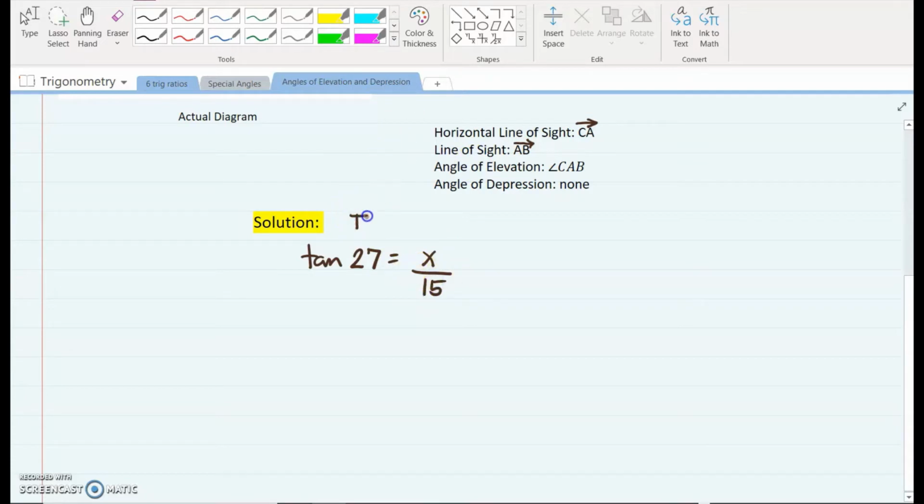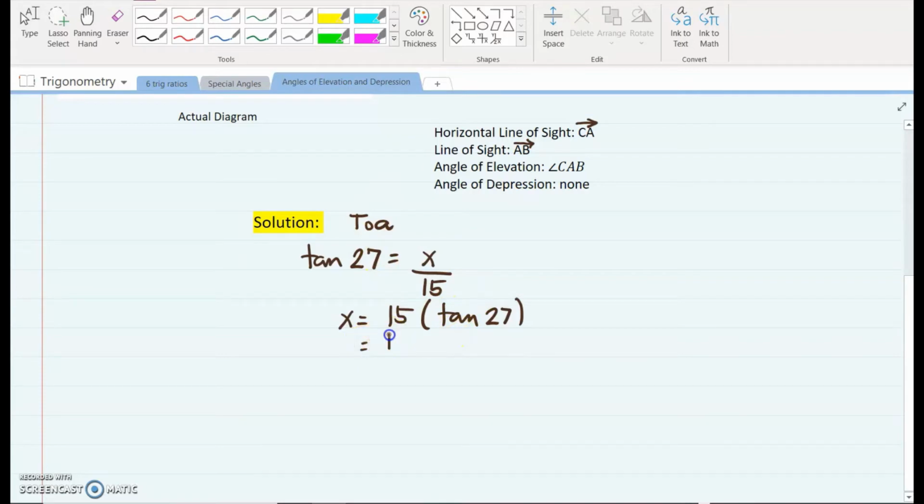We relate it as TOA using SOHCAHTOA, and then solve for the value of x. By cross multiplying, x is equal to 15 times the value of tangent 27.